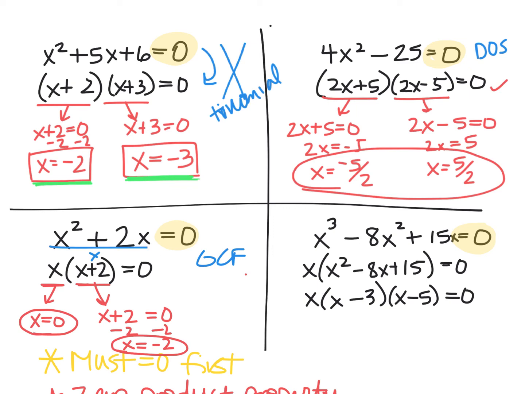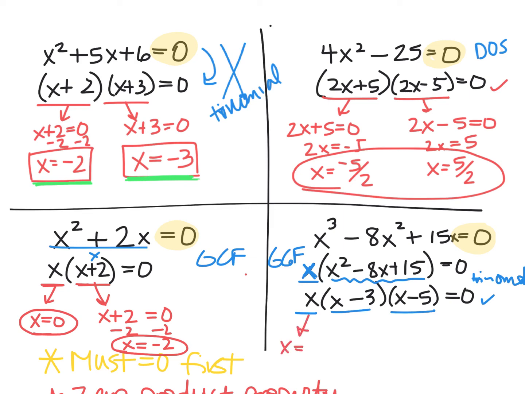On this last one, since you're taking notes, this last one is GCF. So notice that I took an x out. That's what this x is out here on the outside. And then this one was trinomial. Now, if you notice, I've got 3 things that are multiplying together, but again, they equal 0, so I'm going to set up my options.